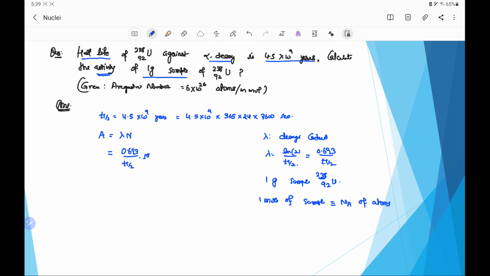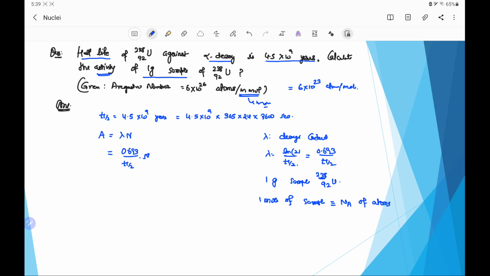Here we are given that 1 millimole, that means if we convert this millimole into moles, it will be equal to 6 into 10 raised to the power 23 atoms per mole.